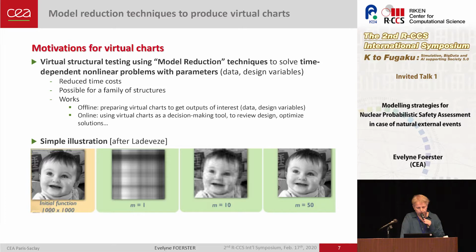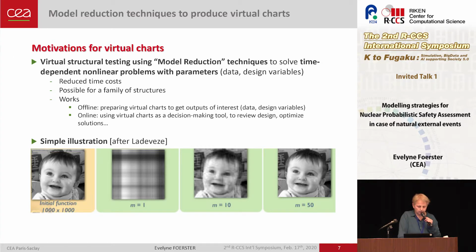And we want to have, of course, efficiency in terms of reduced time cost. We want to be able to deal with a family of problems which can be close and which can be a sort of typology, in order to gain time with the design or with the data use. And also we want to be able to work offline or online.